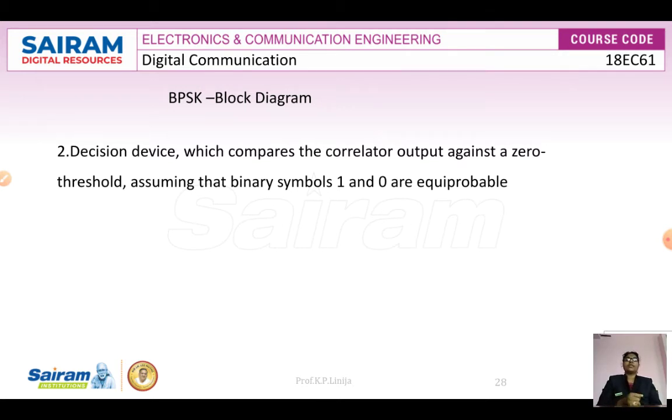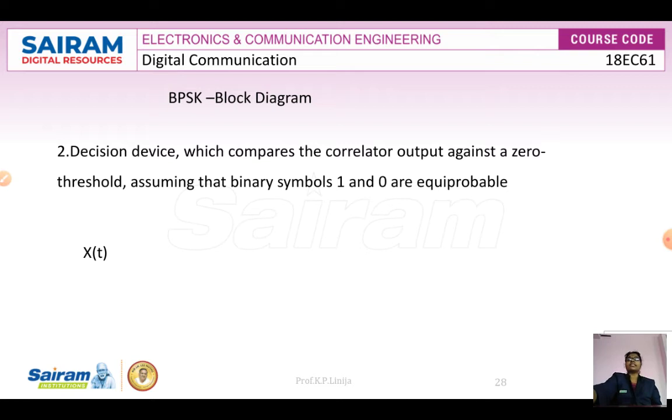It's very important: the decision device is acting as a comparator, comparing the correlator output against a zero threshold, with the assumption that binary symbols 1 and 0 are equiprobable.